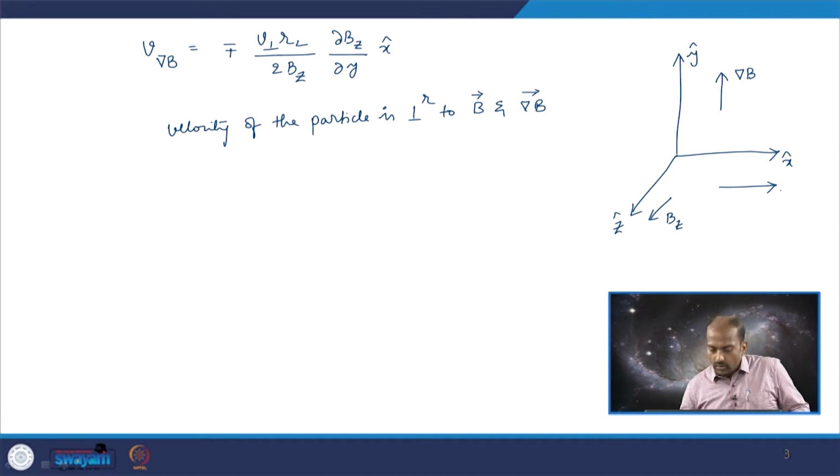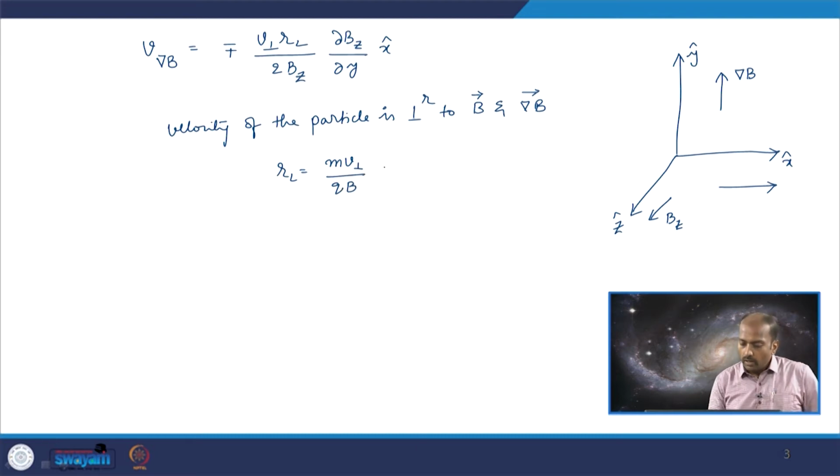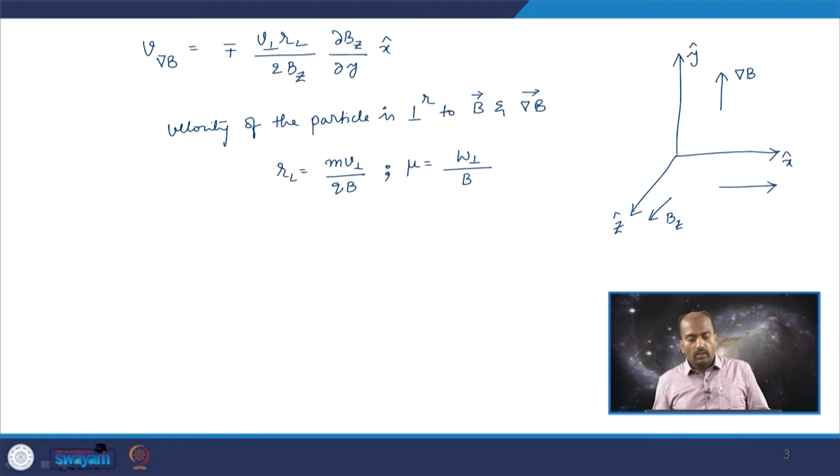Now as you see, R_L is defined to be m v perpendicular by qB, right. And we also know that the magnetic moment is W perpendicular by B, right.